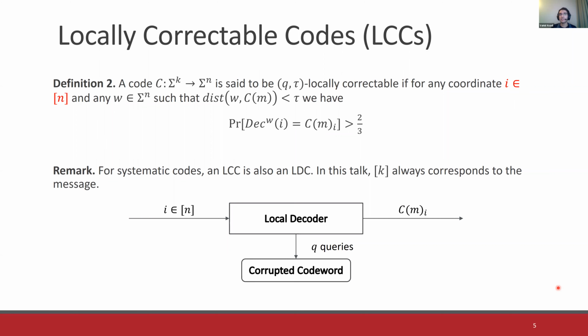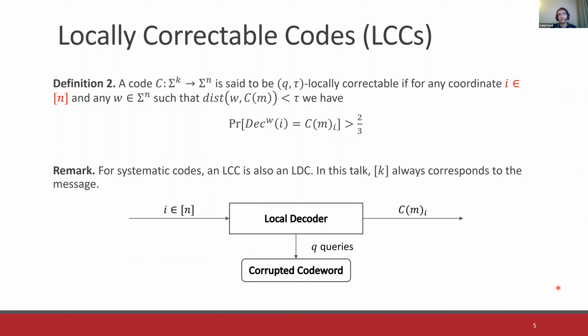And systematic codes are basically error correcting codes where the first k bits of the code word are the message itself. And for systematic codes, it's not hard to see that a locally correctable code is also a locally decodable code.